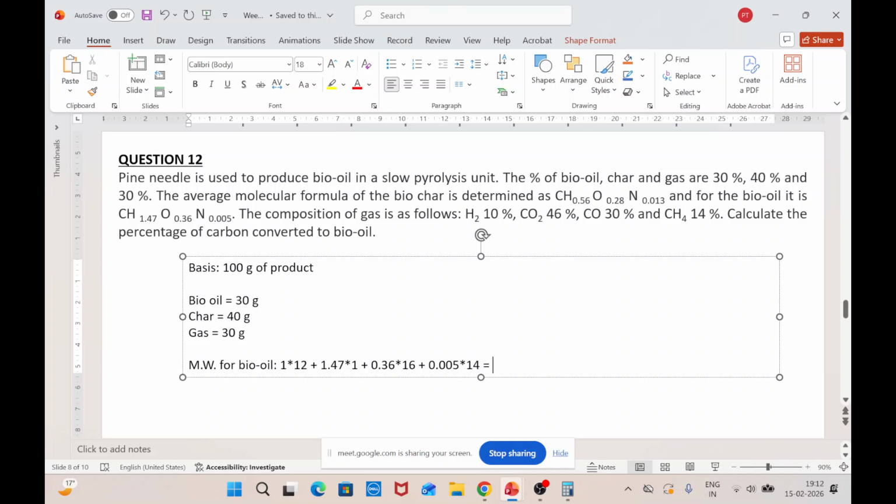If you calculate, you will get the molecular weight of bio-oil. From here you can calculate the number of moles of bio-oil in the product stream. That would be 30 divided by the molecular weight of bio-oil.